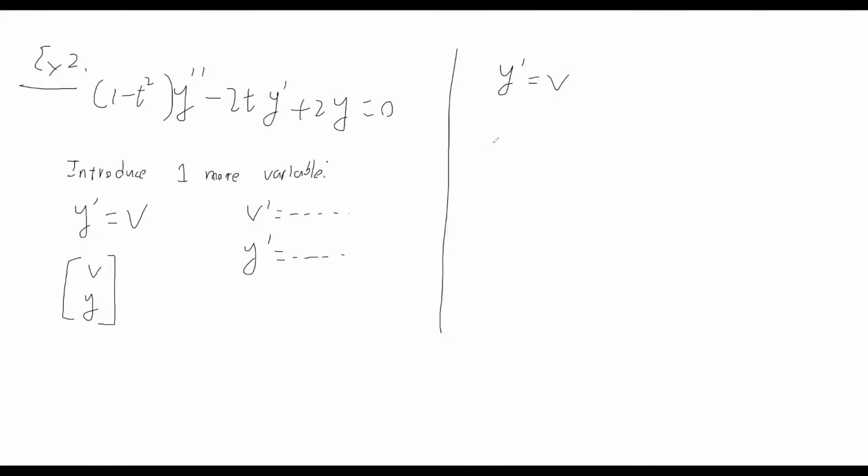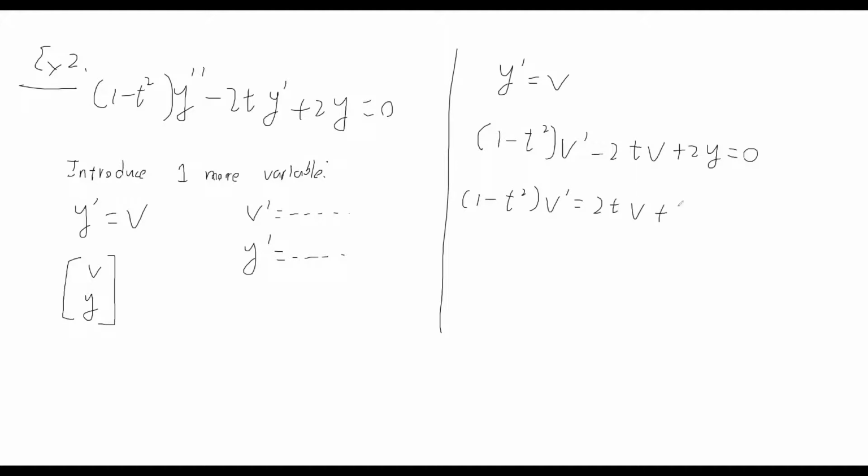Now let's look at v prime. Let's rewrite the original equation using v and y. We have (1 minus t squared) y double prime, which is v prime, minus 2tv plus 2y is equal to 0. Notice that the only variable with a prime is v prime, and the other two terms are in terms of v and y, so we can solve for v prime by moving everything else to the right hand side.